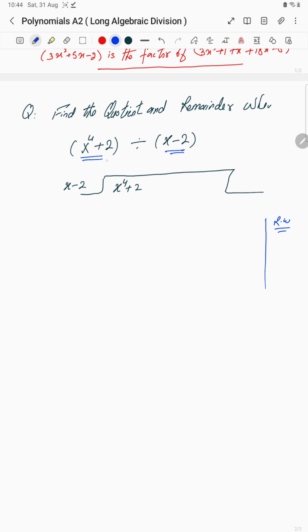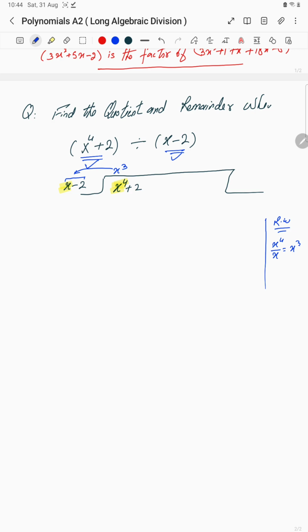So the first term from the dividend and the first term from the divisor, we write in rough work as a fraction, dividend over divisor, we get x cubed. So we write here x cubed, and this will multiply x cubed with the entire divisor.